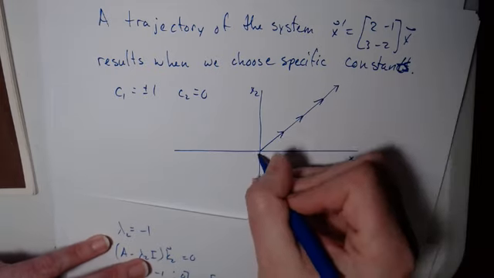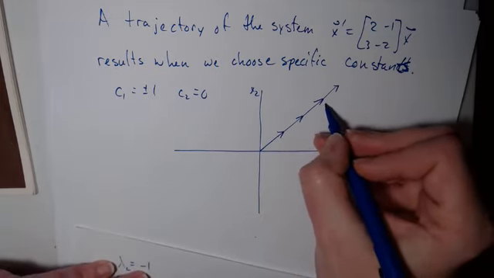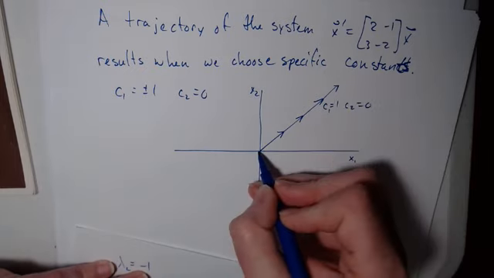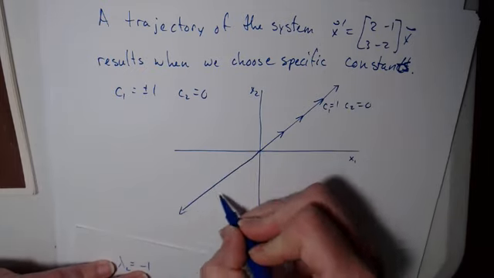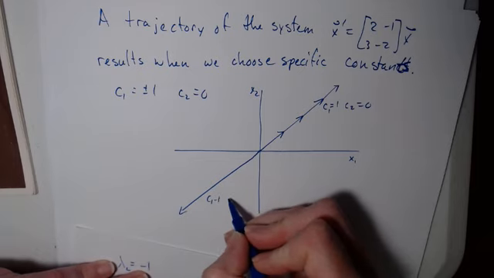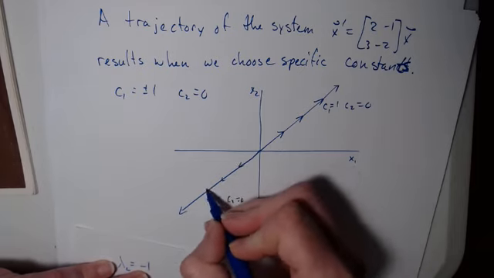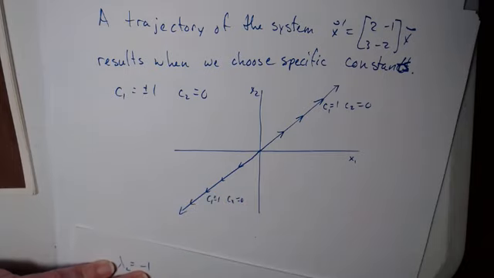Our solutions all radiate out like that. So this is for C1 equals 1, C2 equals 0. If C1 is -1 and C2 is 0, then all our solutions go out this way.